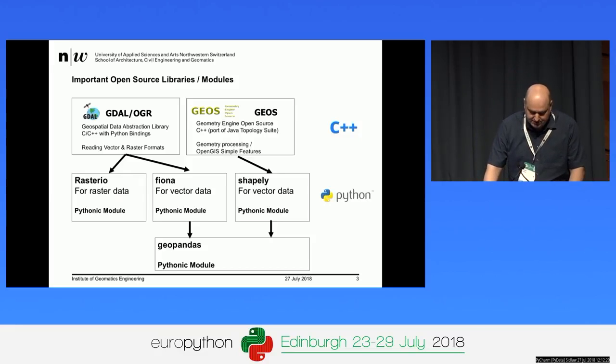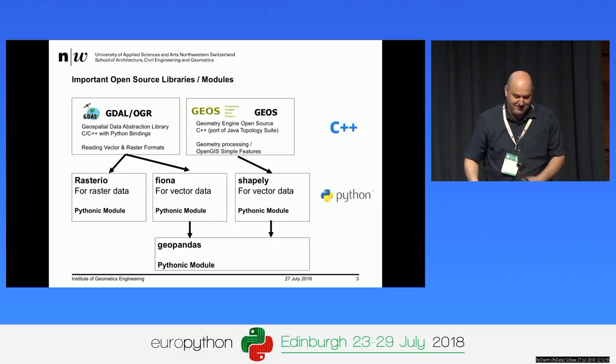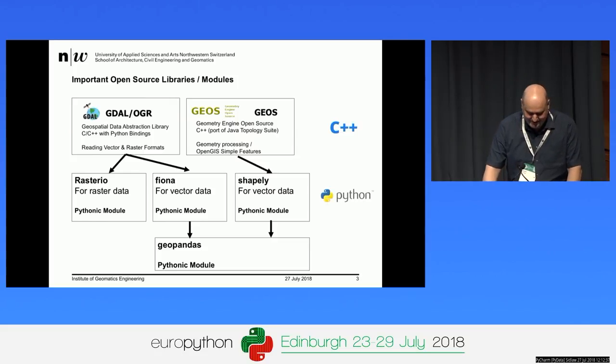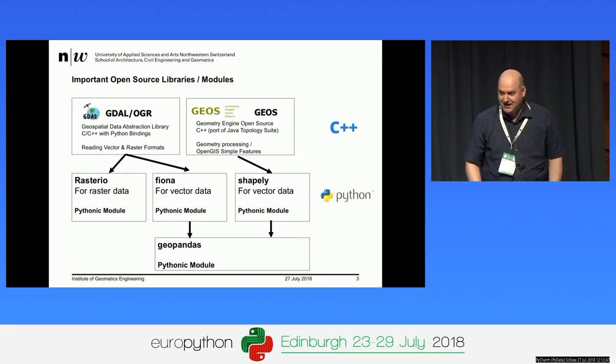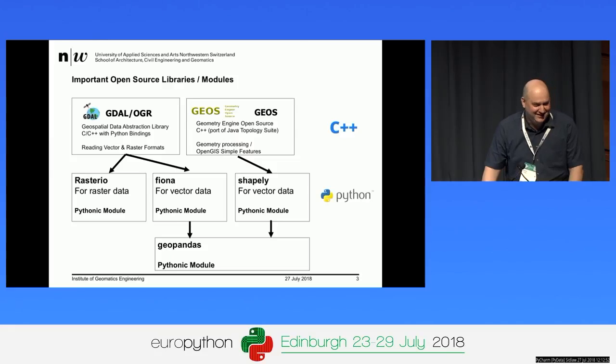And GEOS is the geometry engine open source. It's also written in C++. Actually, it's a port of a Java engine called Java Topology Suite, and it's being ported to C++. So GDAL does have a Python binding, but it's really C. Basically, you have functions, and it's not Python.